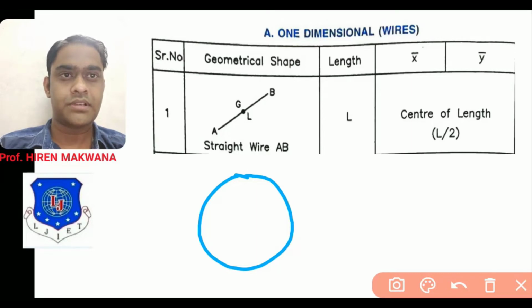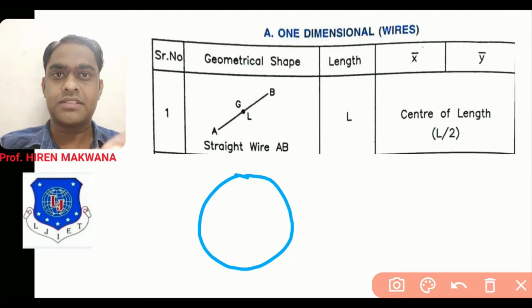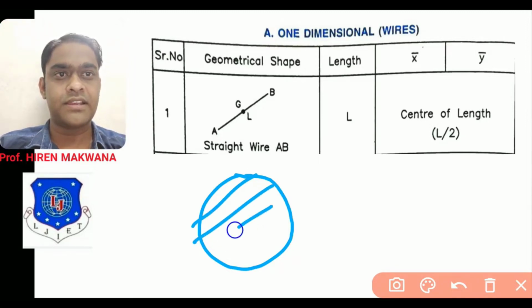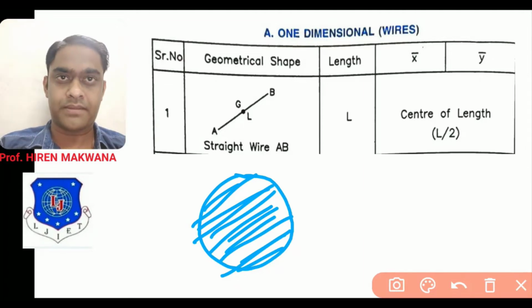Circular arc means a wire which is bent in the shape of circle, while the circle is an area, a 2D element. In simple language, I can say that if it is a circle, then it is a solid part. Inside part is solid like this. Suppose it is not a transparent part.